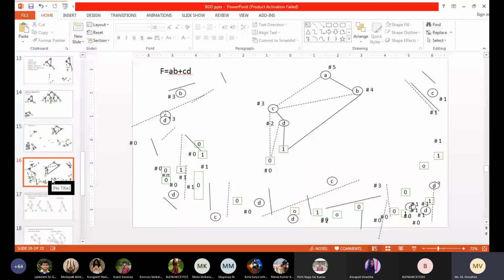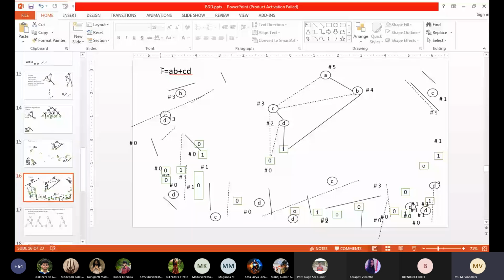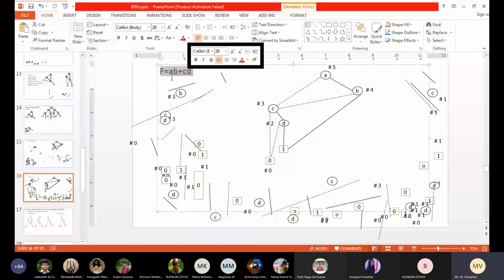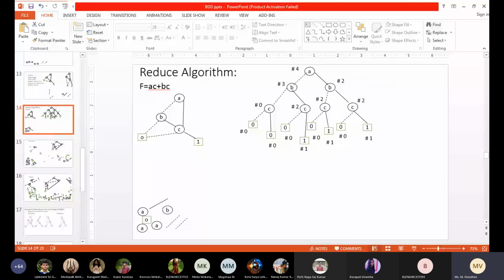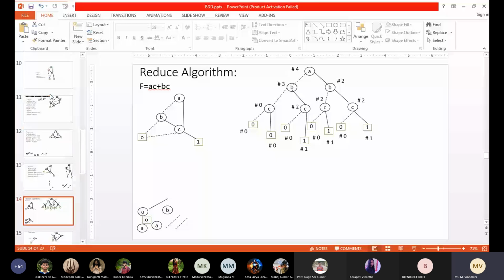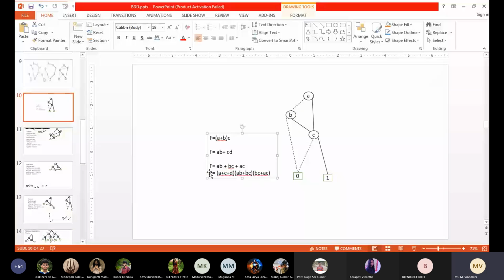So totally for all the 3 methods, we have solved f is equal to AB plus CD, f is equal to AB plus BC plus AC. Next, f is equal to AC plus BC. We have solved using all the 3 methods. This is there, f is equal to A plus C plus this last expression.